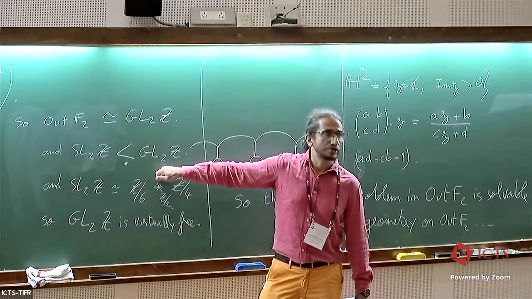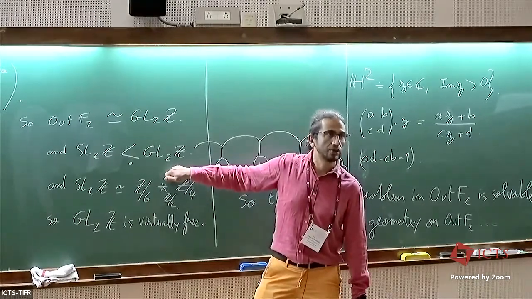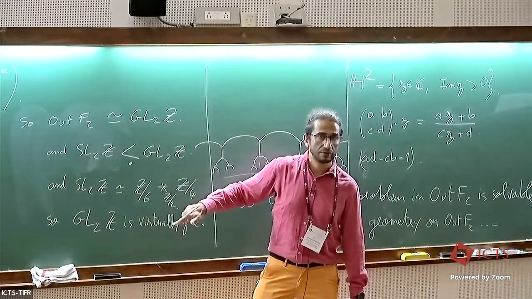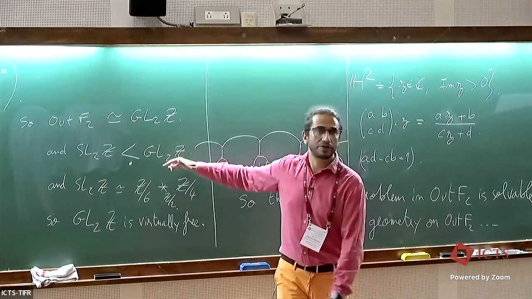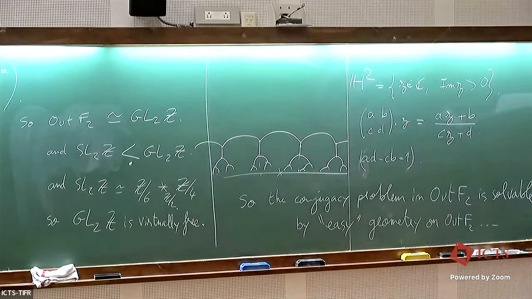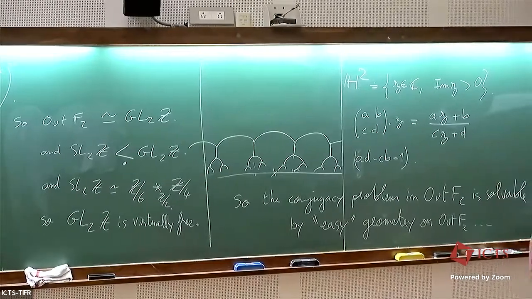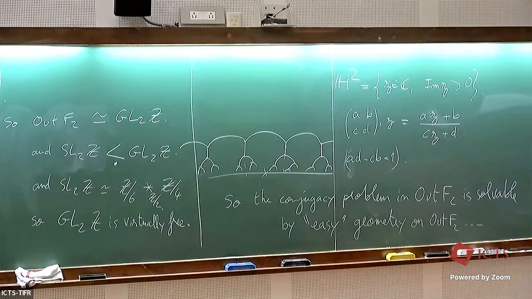But here it is conjugacy in GL2Z, meaning you want the conjugator to have integral entries. Still, it's manageable there, but with other GLnZ, it becomes a challenge. And in other groups of matrices, other lattices, you want the conjugator to be in the lattice, and that's a challenge.